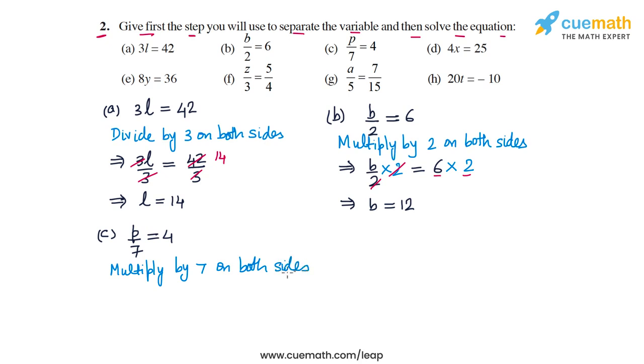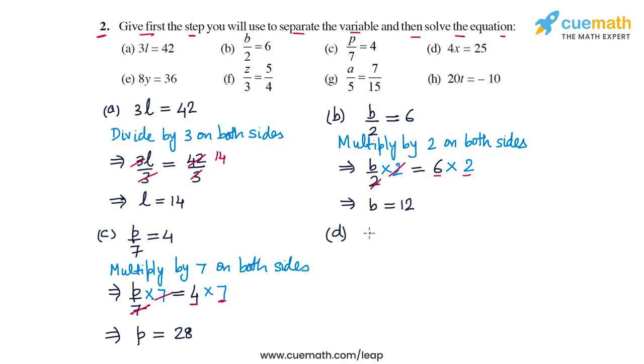So the original LHS is P by 7, the original RHS is 4, and we will now multiply by 7 on both sides like this, and now these 7 terms cancel out. 4 into 7 is 28, so we get P is equal to 28. So the solution in part C is P is equal to 28.